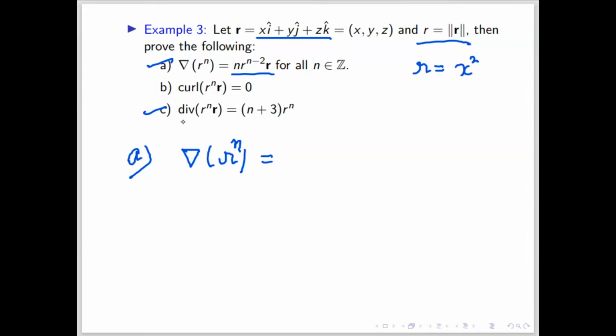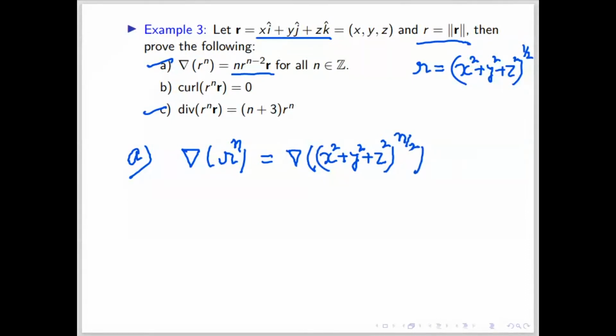Yes, x square plus y square plus z square to the power half. So this r to the power n means its power n. So I am writing this as x square plus y square plus z square to the power n by 2.